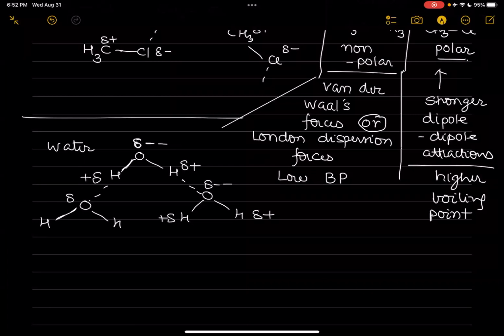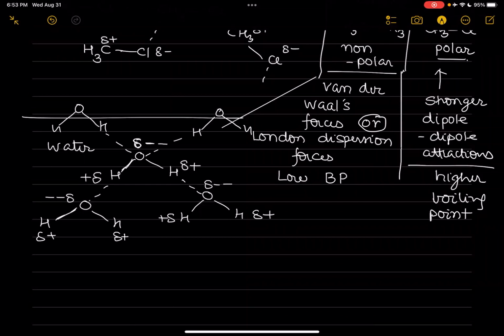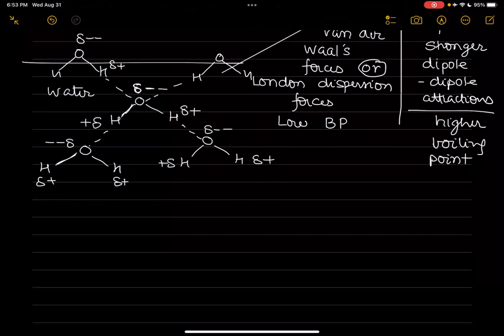So these are dipoles, but I need to hear one special term for it. What is that special term going to be?